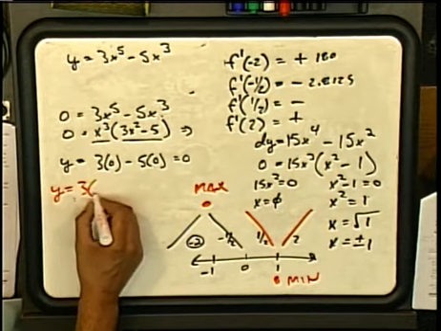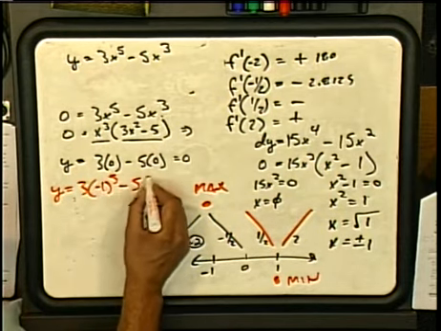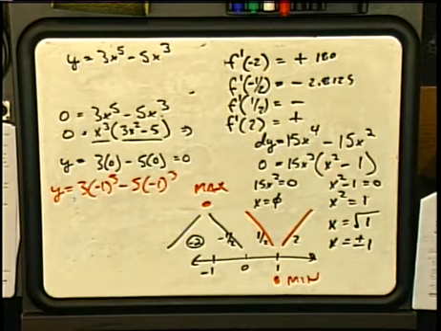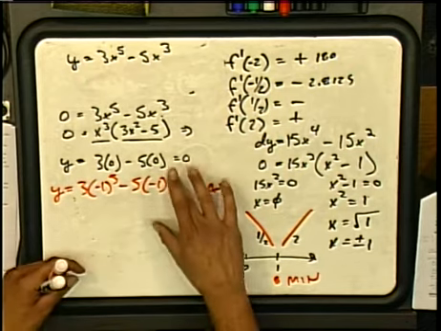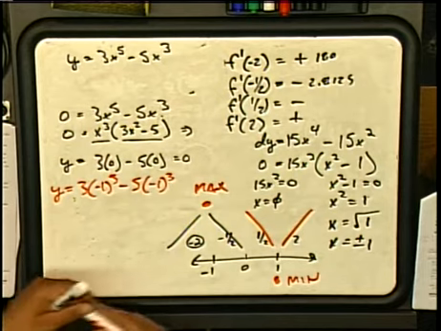y equals 3(-1) to the 5th minus 5(-1) cubed. What do you get for that? You're looking for the maximum?